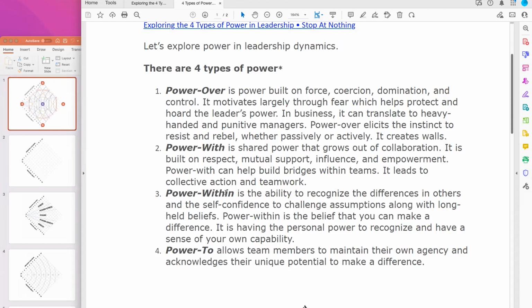I would argue that the center is way more detached, and that the power within, when you talk about the self-confidence to challenge assumptions, belief that you can make a difference, personal power, I see that as expressive.